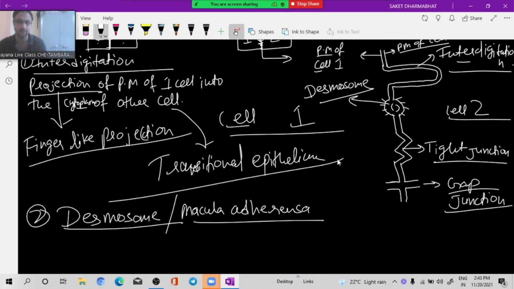What is the meaning? It acts as a cementing material between the cells, or acts as a glue or gum.